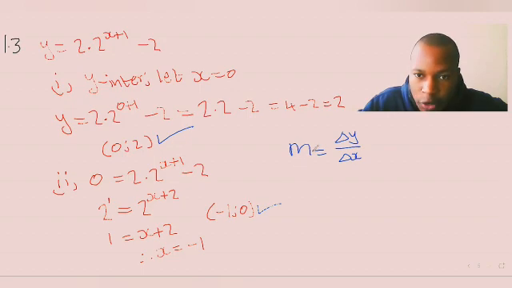The reason we are using this equation for the gradient, even though we have been given an exponential function, is that this in itself is an exponential function, and we are more interested in the average gradient between the two intercepts.